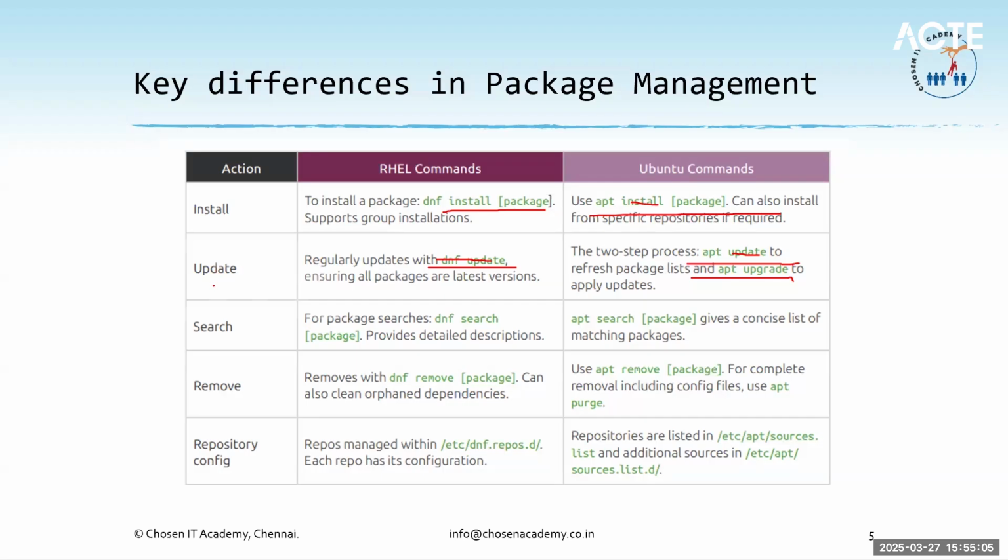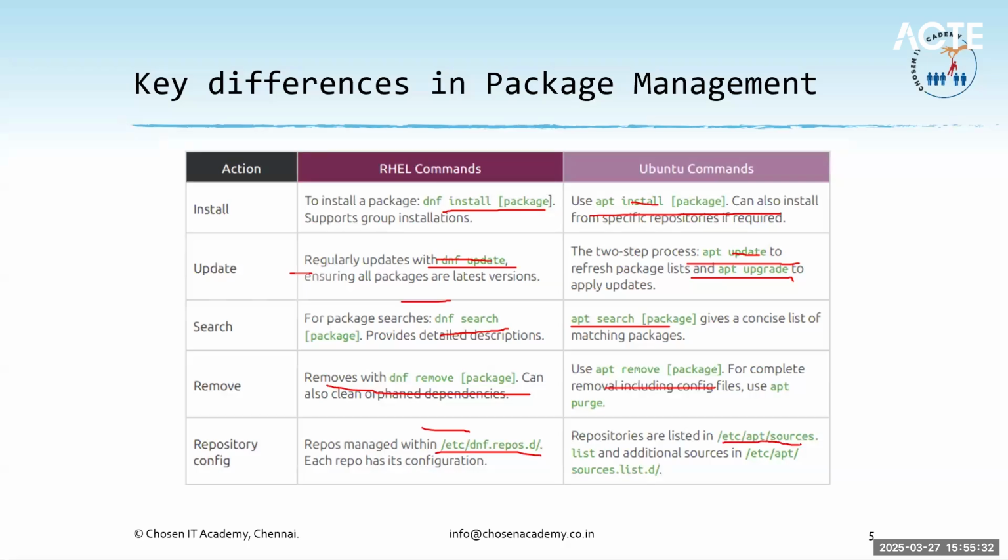Linux. If we want to search for any package, we can use DNF search package, and here it is apt search package. To remove any package, we can use DNF remove package, and it's similar here, apt remove package. All our repository configurations are present over here: /etc/dnf/repos.d, or if you are using YUM, it will be /etc/yum.repos.d.